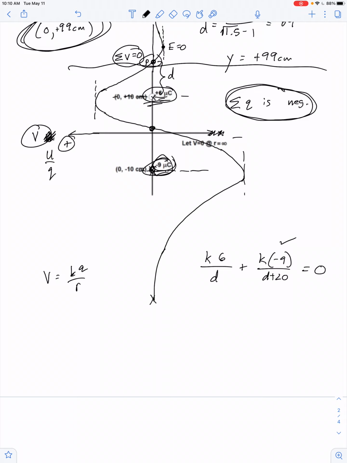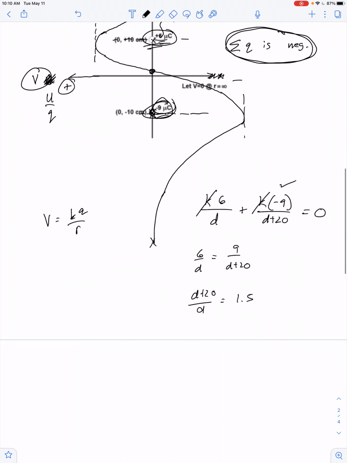So hopefully this all adds up to equal 0, meaning I can divide both sides of the equation by k and cancel it out. So this means 6 over d is equal to 9 over d plus 20. d plus 20 over d is equal to 1.5. So d is equal to 20 divided by 1.5 minus 1, which gives us 40 centimeters.